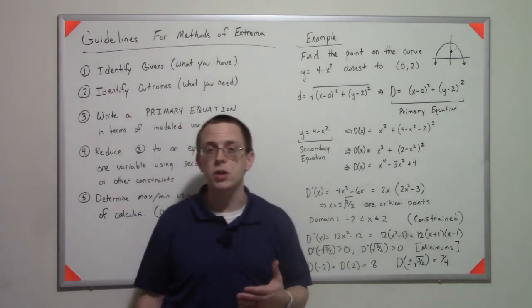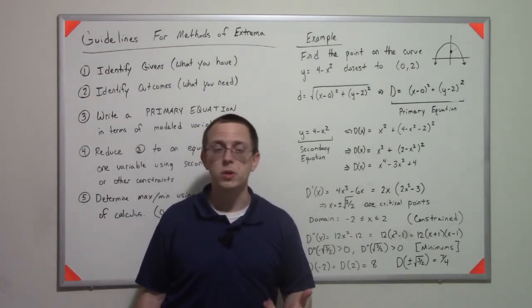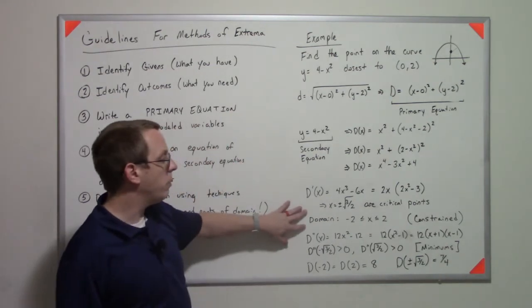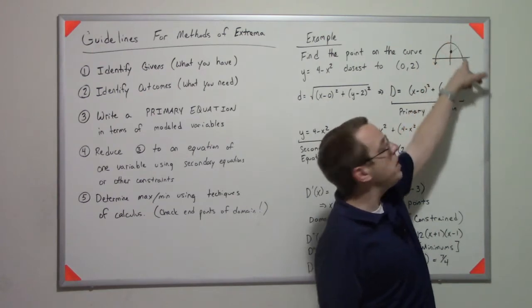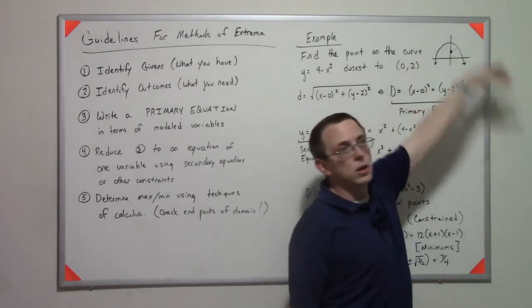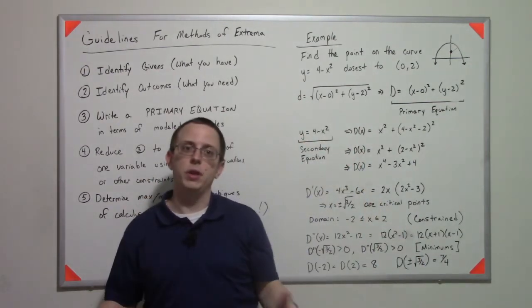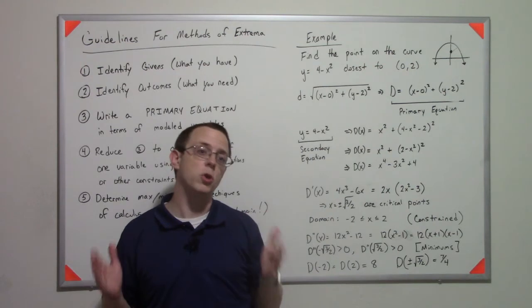Now you may ask yourself, are those valid critical points? Well, if you think about what the domain is, if you look up here, technically speaking, the domain is all real numbers, because the parabola never stops going. So what you can do is you can constrain it if you wanted to.